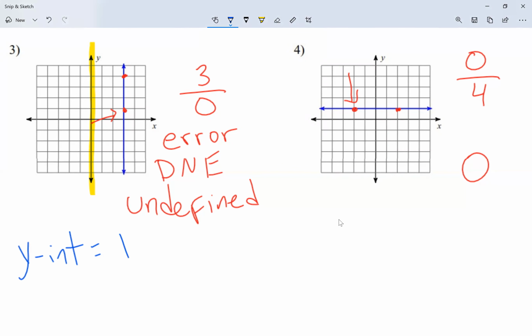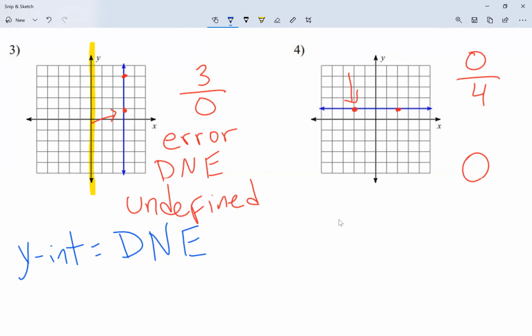So let me write, does not exist. See how sometimes when you're texting, you write IDK, right? We all know what IDK means. You see how you abbreviate? Well, that's what we have been doing in math. So does not exist, I'm just going to write DNE. In this case, question number 3 does not have a y-intercept. This line will never cross the y-axis.